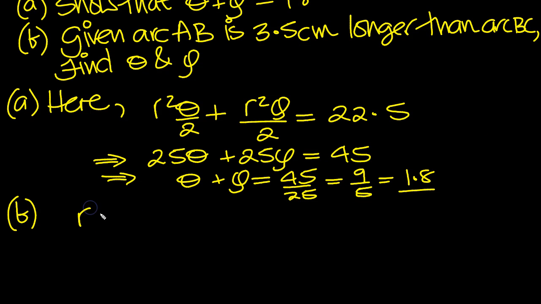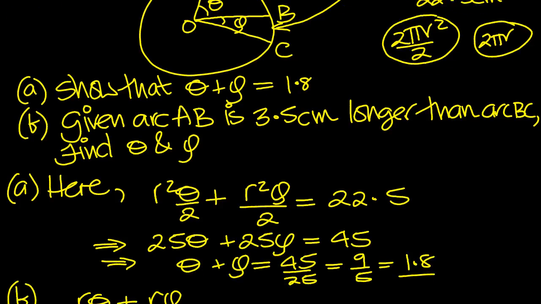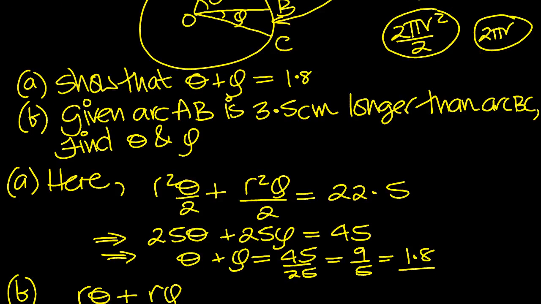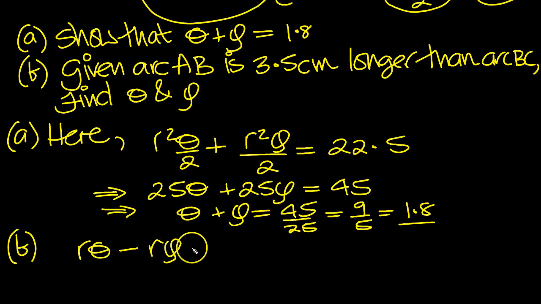So r theta is the arc length for the first sector, r phi is the arc length of the second. Now the arc length of the longer one is longer than the shorter one by a distance of 3.5, isn't it? So we can see that from the diagram. So the difference there must be minus, and that equals 3.5.